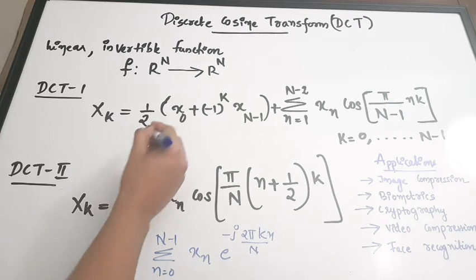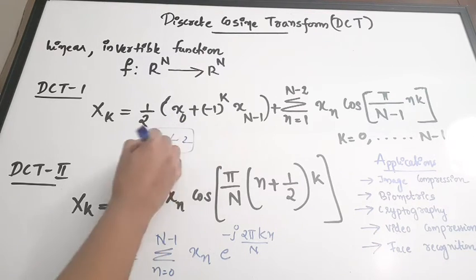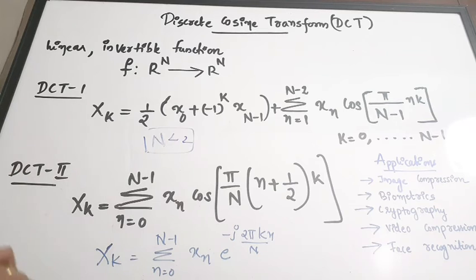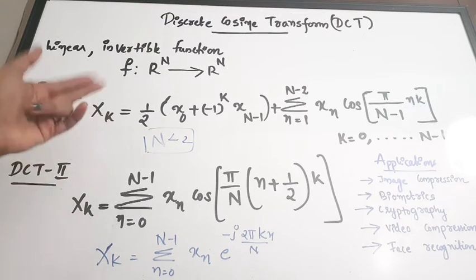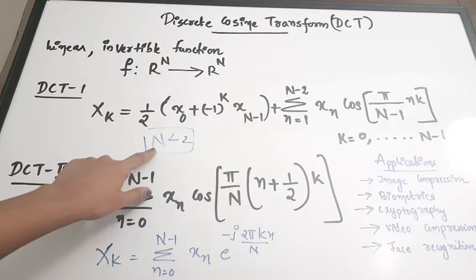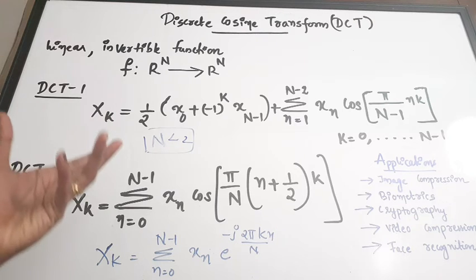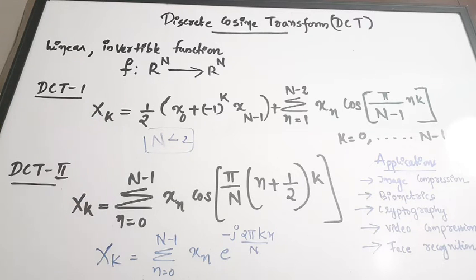So consider that your N value is less than 2. In this case, you cannot use the DCT1 expression. But we can use DCT2. So that is another important thing you should know.